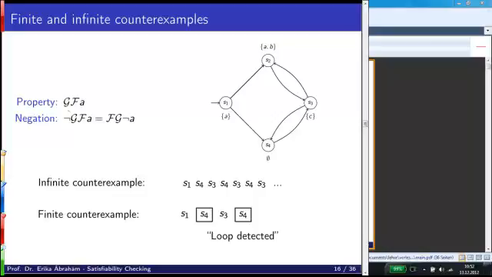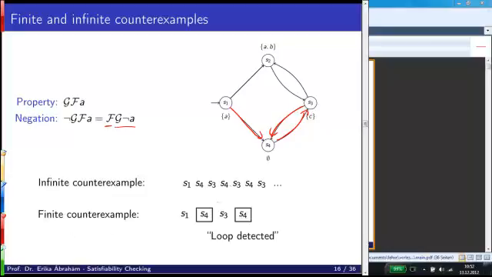That means if it does not hold, then there exists a path such that finally you reach a state where A never happens in the future. So in our example, if you start in S1 and then go to S4 and then you loop here forever, then A will never hold. So obviously this Kripke structure does not satisfy the property, and this infinite path is a counterexample for this property.